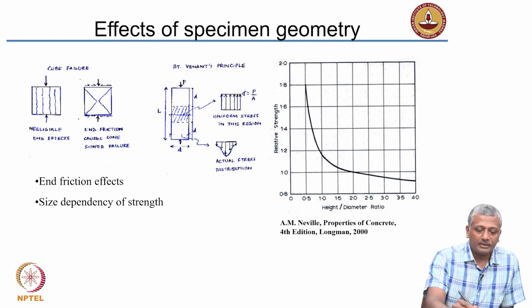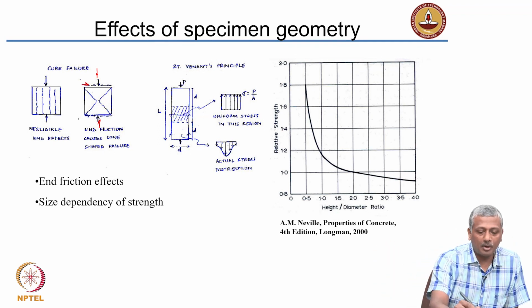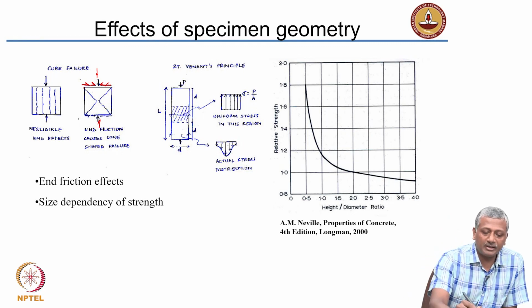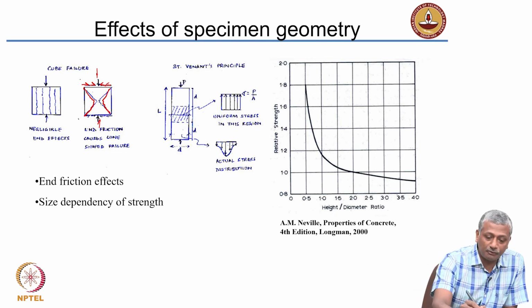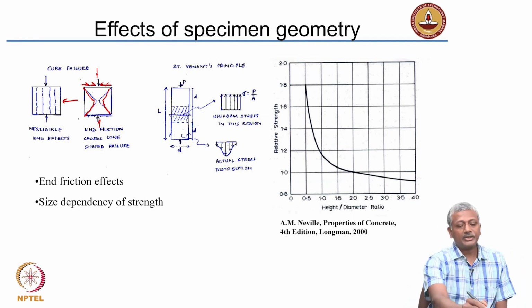In a cube, the loading platen is giving compressive load, but because of the end friction which is trying to keep the cube from bulging out, you are causing some sort of a biaxial state of stress, and as a result you get a failure that is defined by this hourglass type shape. You get a failure plane like that. If there was no friction, if the end effects were negligible, your true failure pattern should have been like this: vertical cracks through your specimen.